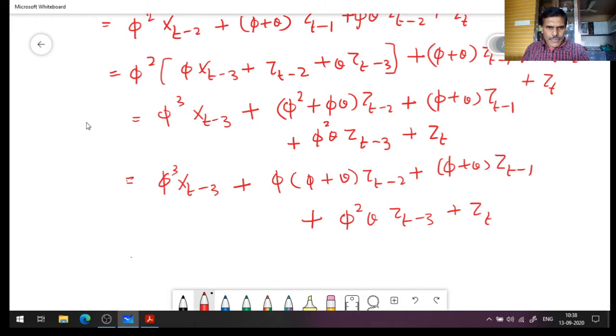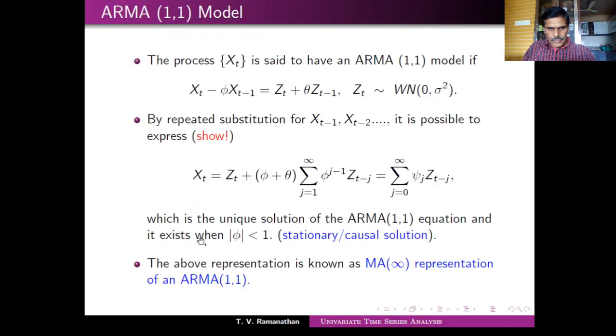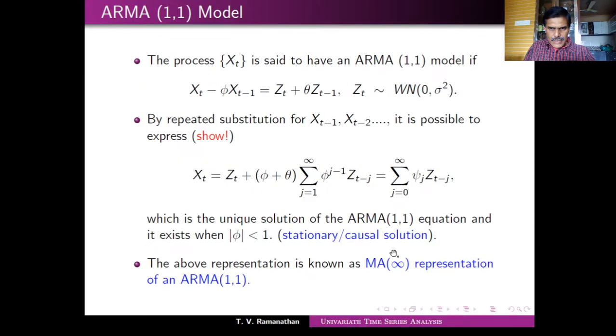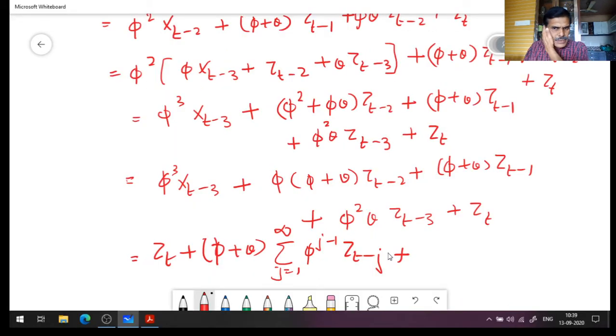So if you again simplify and continue to do this, you will reach this equation: zt plus phi plus theta, this is constant, and summation j equal to 1 to infinity phi to the power of j minus 1 zt minus j, plus, yeah, I think that's it.